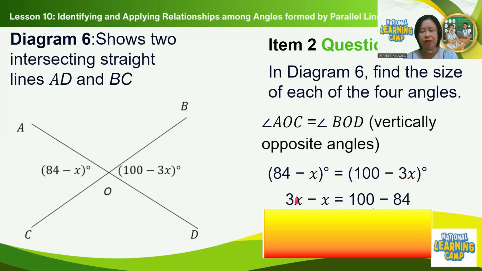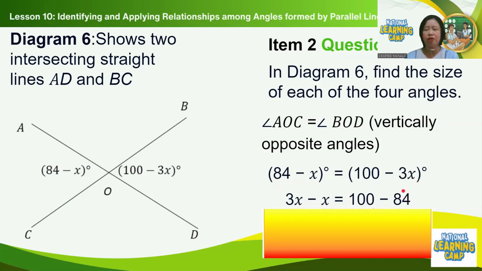So we have 3x minus x. The negative 3x becomes positive, and the negative x brings down as negative x. So that's why we have 3x minus x. Next, bring down 100 and 84 will be negative. So we have 100 minus 84.